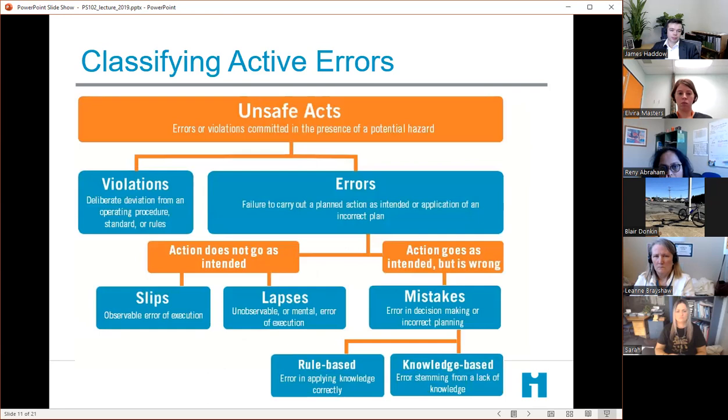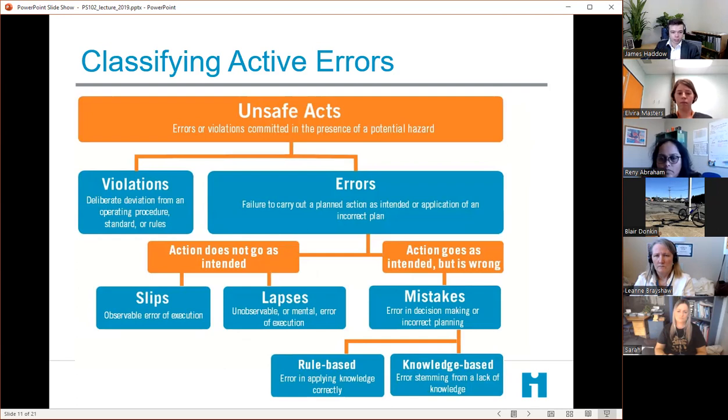And as I said, in that space where the error and harm are associated together, there are many different types of errors, and this helps you understand what can lead to what. So the global term to collect them all together is an unsafe act, which is an error or a violation that's committed in the presence of potential hazard.